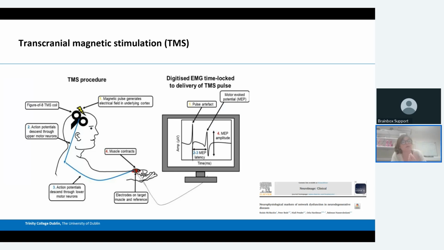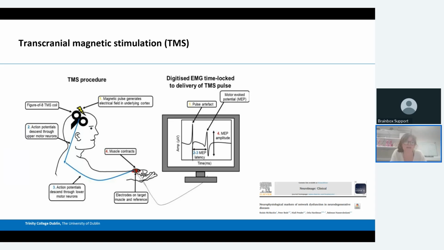So what we can do is apply TMS over the motor cortex to activate upper motor neurons. They send action potentials down to the lower motor neurons in the spine. Those in turn activate a specific muscle, which will then twitch. And if we apply electromyography or EMG at the same time as we do the TMS, we can quantify that muscle twitch in the form of a motor evoked potential, or MEP.